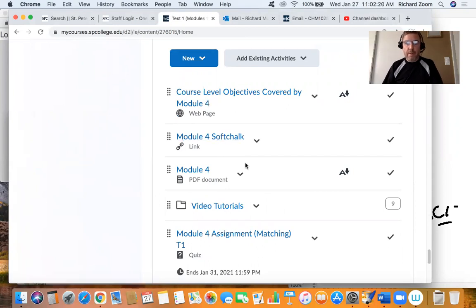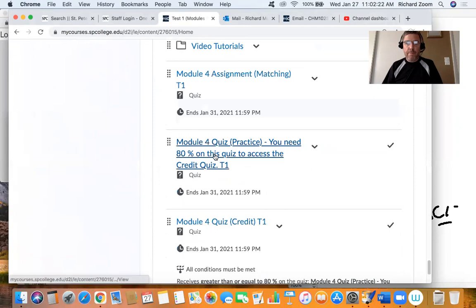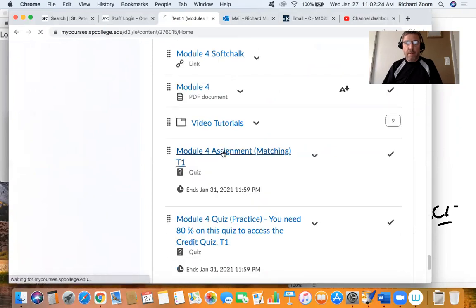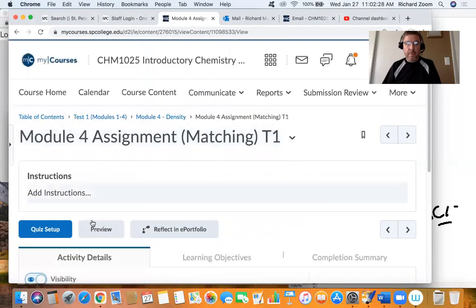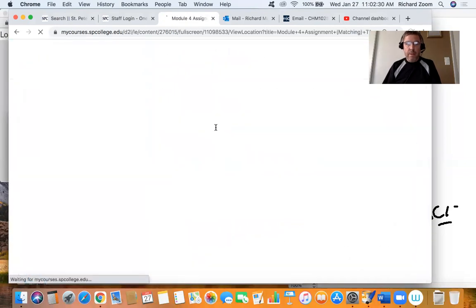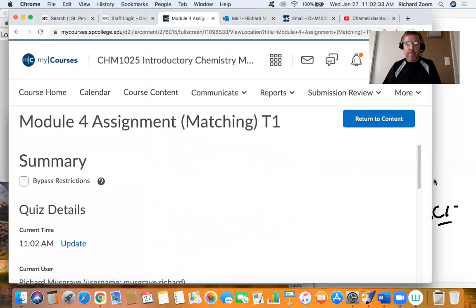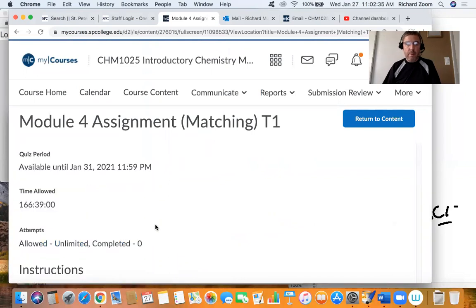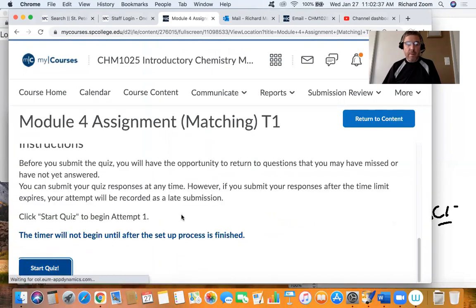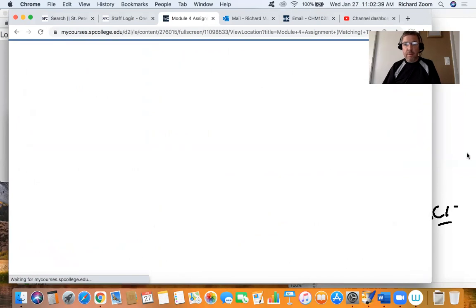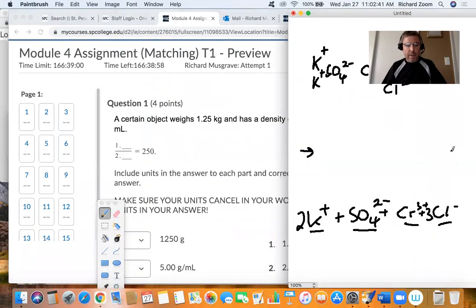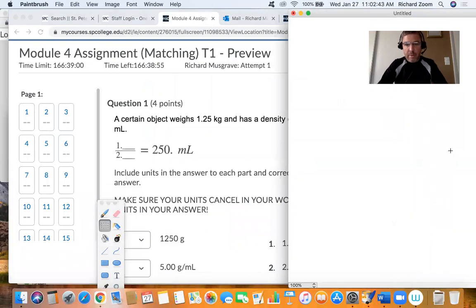That will help you with the material the most, I think. I wanted to point something out with the Module 4 assignment. There are a number of questions here. I'll show you them in a second. Just a very small amount of background here before we get started.